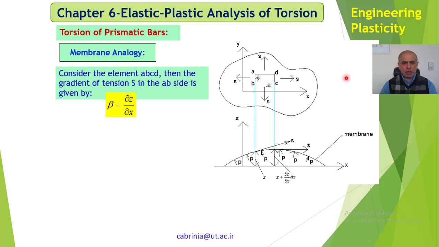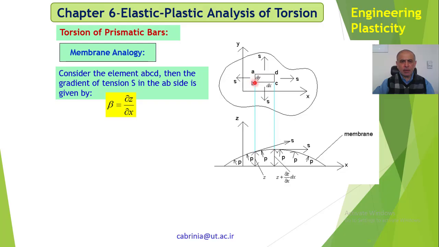Now here we consider an element ABCD. Then the gradient of tension S in the AB side is given by beta, partial Z over partial X. Let's see what we are saying here. We are looking in the direction of Z, so we see everything in a plane.